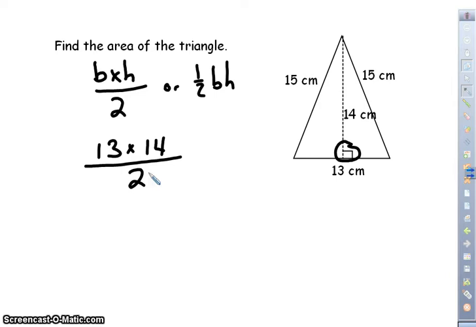But really, it does not matter. You can use any of those formats. So I'm going to take 13 times 14, which is 182, and divide by 2, and I get 91. I am dealing with area, so it is square centimeters.